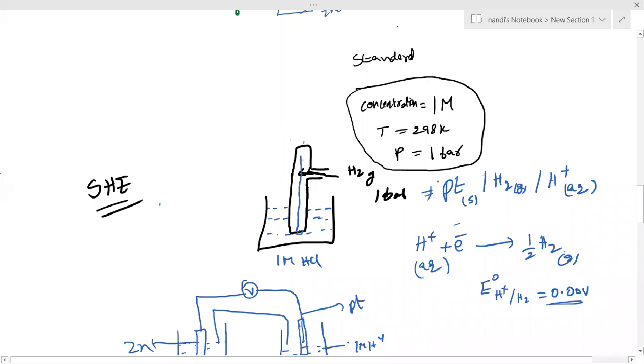At this time, they measure the reduction potential of hydrogen. We are assuming this is our reference electrode. You may write: this is our reference electrode. So how much is that value? 0 volts. Please note down that point. This is our reference. This is our reference electrode.